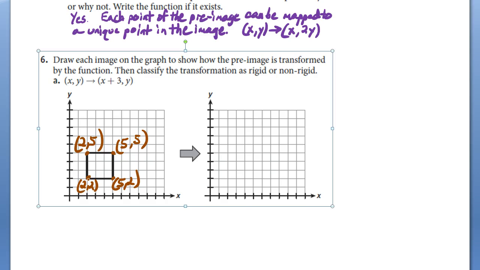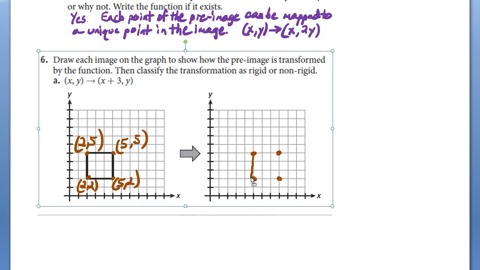So that corner, the x value will increase by 3. That's going to become (5, 2). It's like moving 3 spots to the right. That corner there, again, the x value is increased by 3, but the y value doesn't change. That will become (5, 5). That will become (8, 2). And then that one will be here.